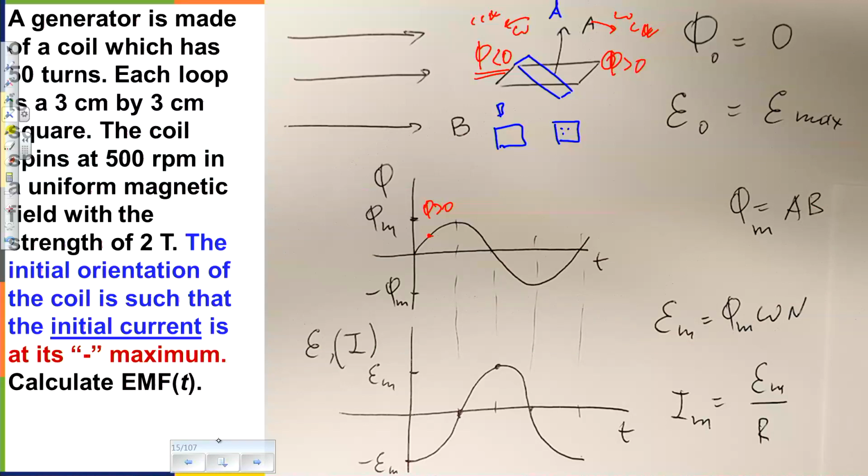You have to be attached to the coil and spin with it to look at the same area vector. If the flux increases, the induced field should oppose, it should point into the screen, and the induced electric current is supposed to be like this, which we call counterclockwise, but that's a different counterclockwise direction, from the perspective of a person looking straight at the area vector, not from your perspective looking at the screen.